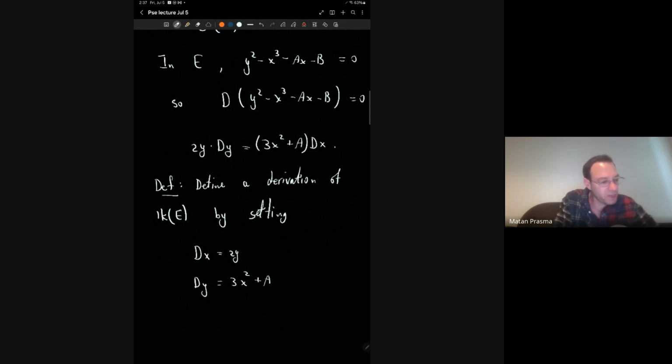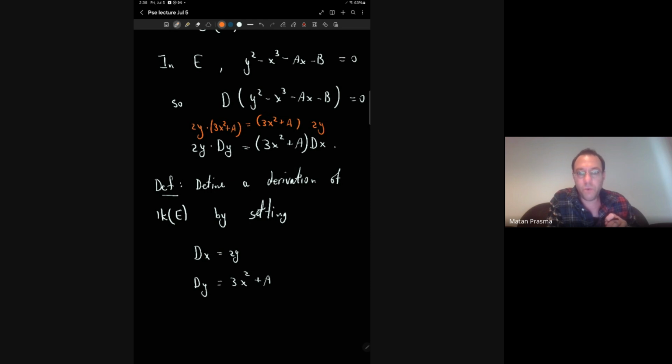You see, if I do it here, the derivative of y is 3x squared plus a, and the derivative of x is 2y, then I get an equality, right? 3x squared plus a is indeed equal to this 2y. Okay, so this is a natural choice of a derivative.